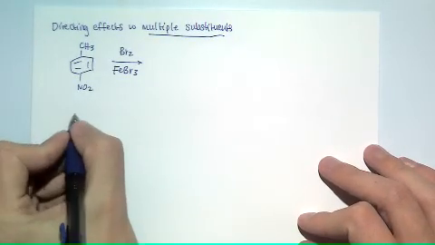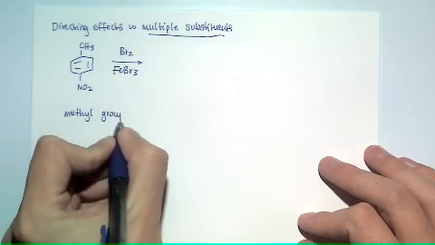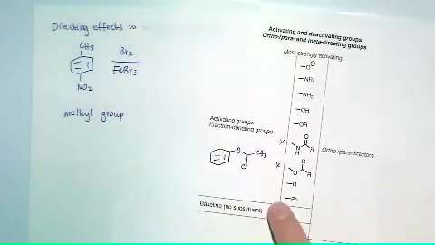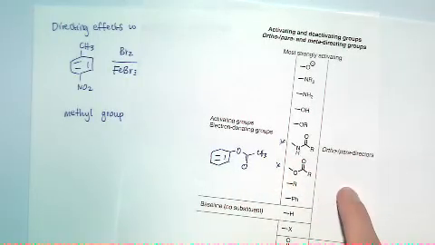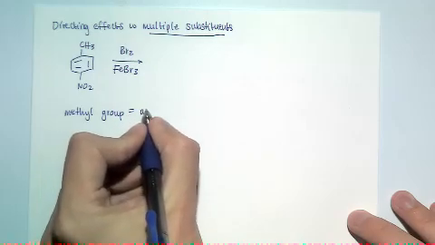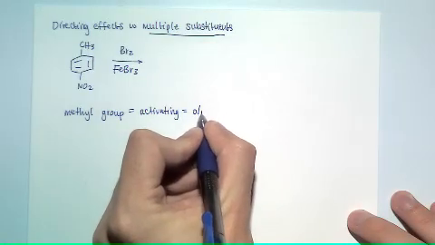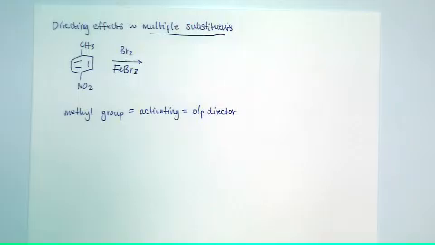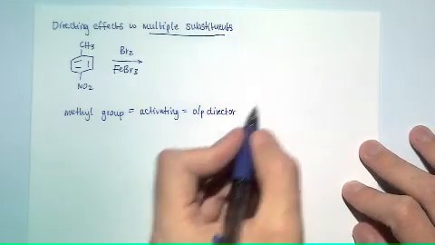Okay, so let's look at the methyl group first. If we look on our chart, R is just an alkyl group really of any kind, so that's an activating group and an ortho-para director. OP meaning ortho-para.